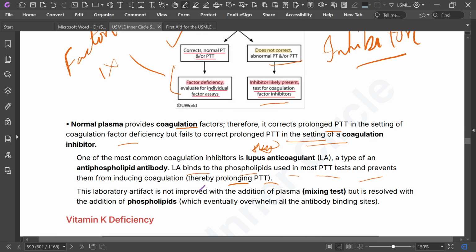This lab artifact is not improved with the addition of the mixing test, but it is resolved with the addition of phospholipid, which eventually overwhelms all the antibody binding sites.